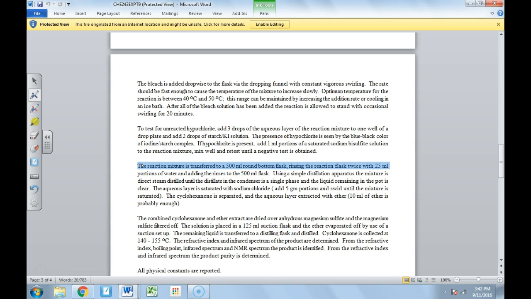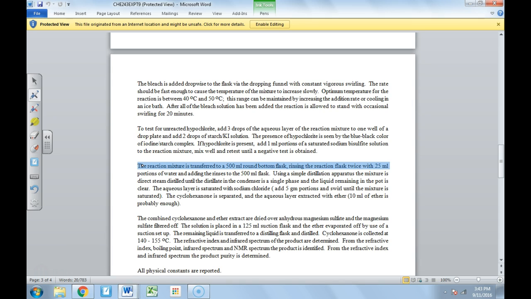So that gives you an idea of how much product you have right from the very beginning, using your chemical sense. So if you do your distillation for half an hour and you only have like 5 drops in the bottom of your receiving flask, you probably haven't gone far enough because you have nowhere near 20 milliliters.